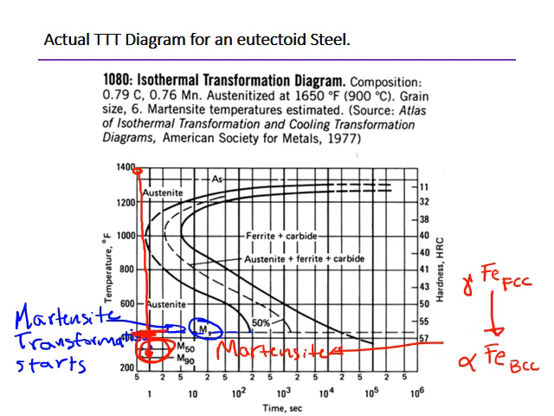So when you are transforming and you give enough time, so you are under equilibrium conditions, so you have very long waiting times, you have time for the crystal to be transformed from face center cubic to the body center cubic crystal structure.